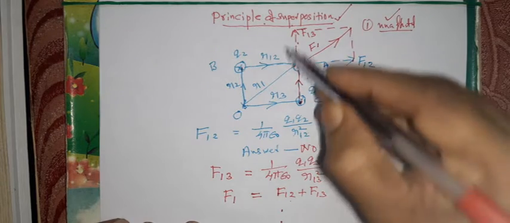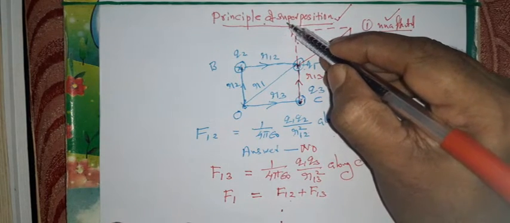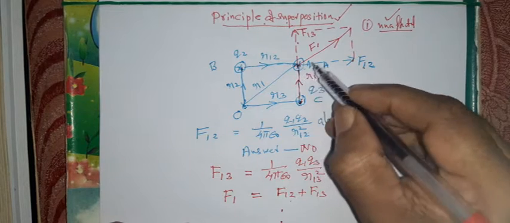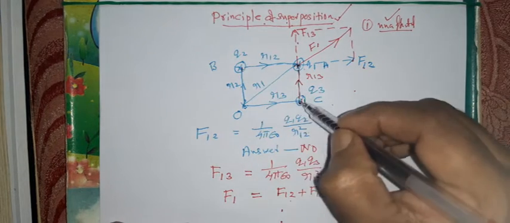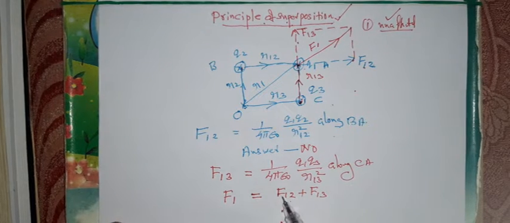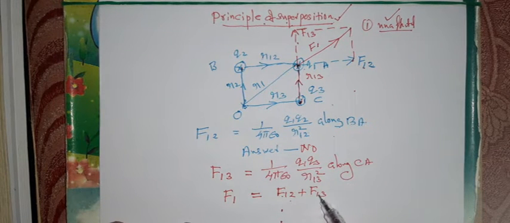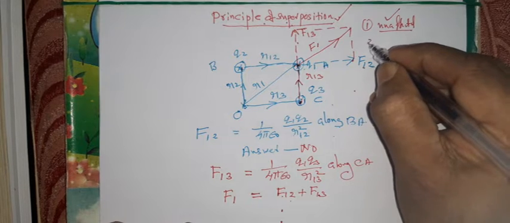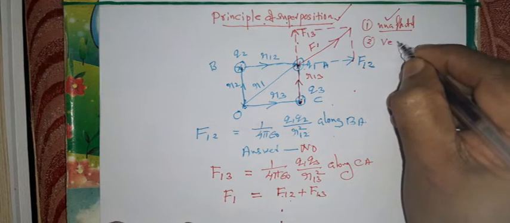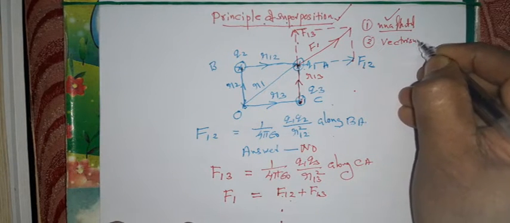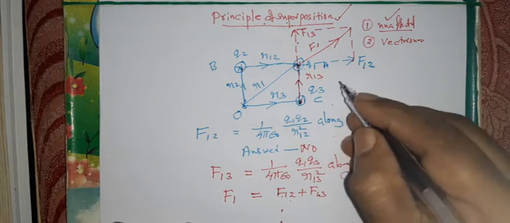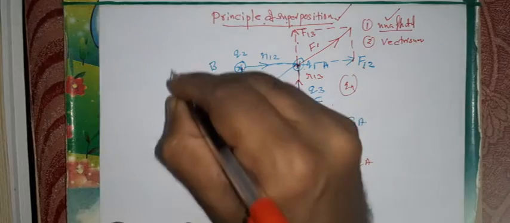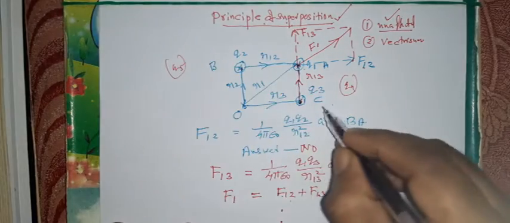This is the second point with regards to the principle of superposition. This means the force acting on a charge due to a number of charges is equal to the vector sum of the individual forces. Therefore, it is the vector sum. Then, suppose there are a number of charges, Q4, Q5, etc. What will happen?